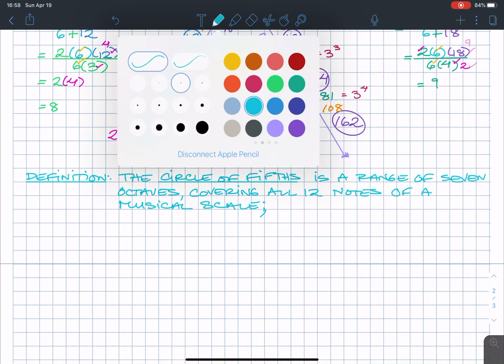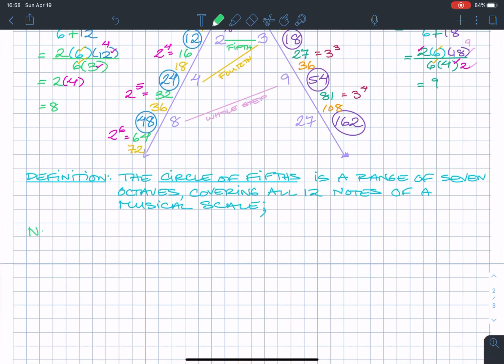So, let me put a note. How does this work? We either increase or decrease our starting note by a fifth, right?